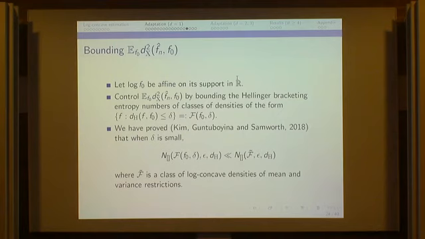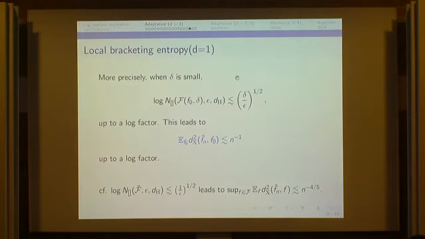So we let log f0 be affine, and what we proved is that the Hellinger bracketing number for the class where the densities are within delta Hellinger distance of f0 is much smaller than the global entropy numbers. This was obtained in the previous paper.